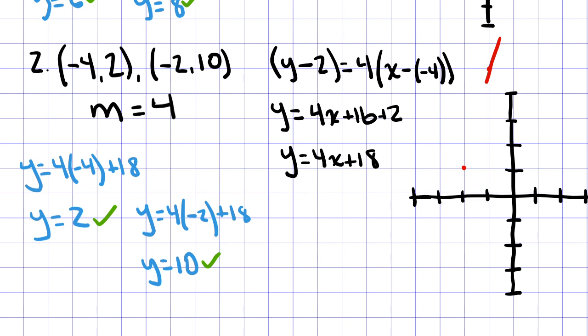Let's see how well we can draw this. With our equation, y equals 4x plus 18.